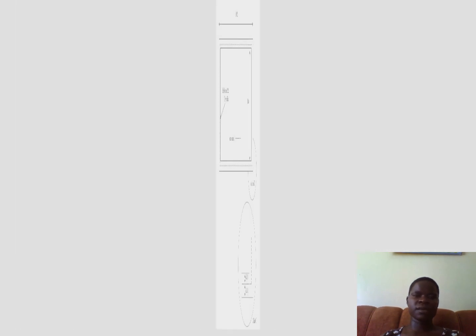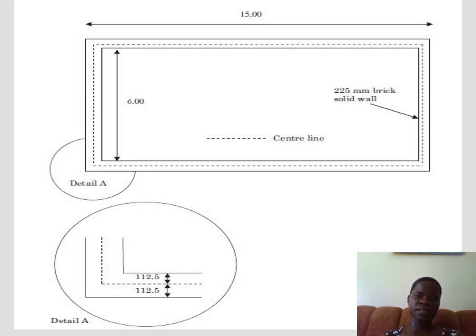Let's look at the figure. Here it is. We have our external length, from this point to this point, as 15 meters as given. We have our internal width, from this point to this point, as 6 meters.